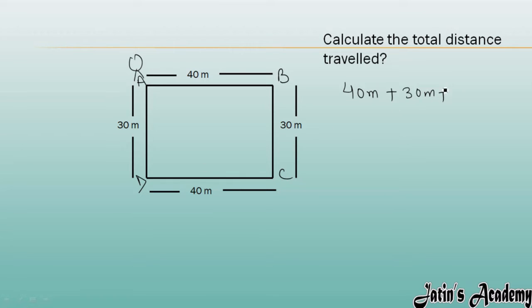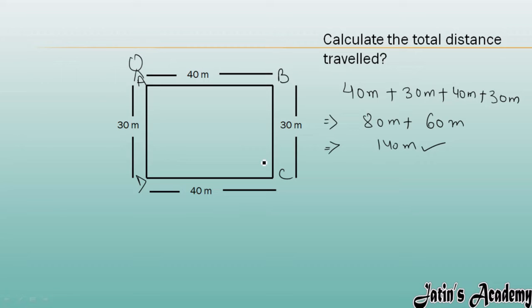Then from C to D, 40 meter. Then again from D to A, that is 30 meter. So how much distance has he covered? 40 plus 40 is 80 meter, plus 30 plus 30, that is 60. So how much distance has he covered? 140 meter. So this is the total distance traveled by the object.